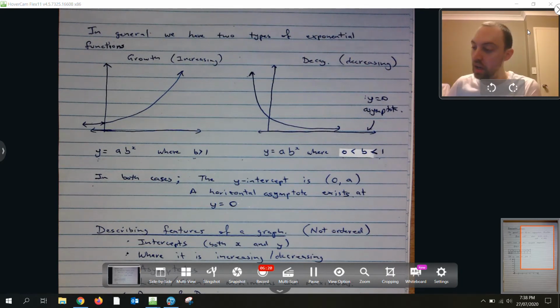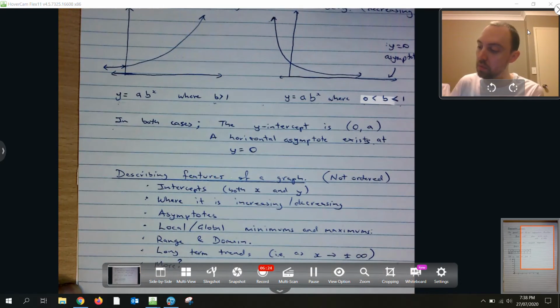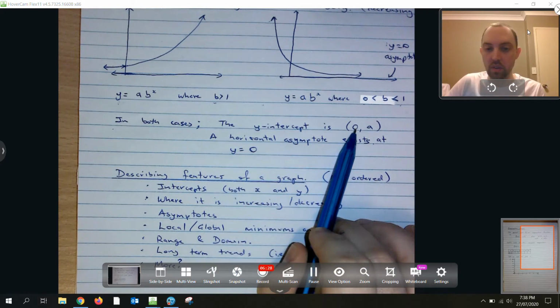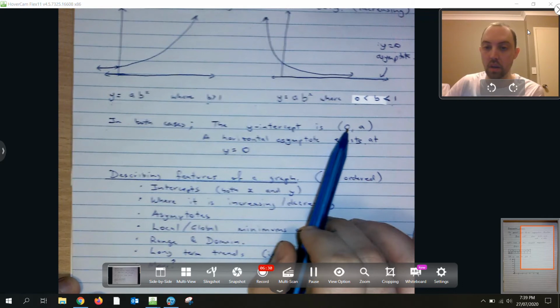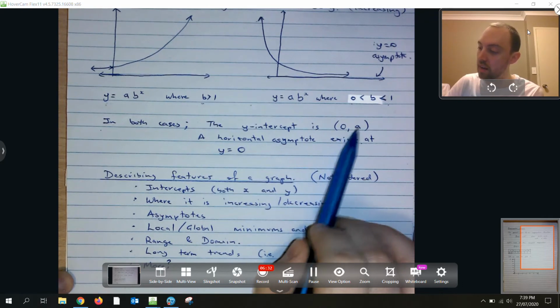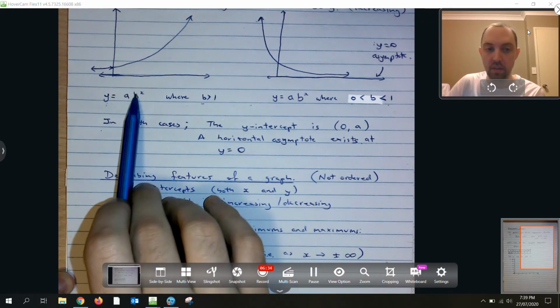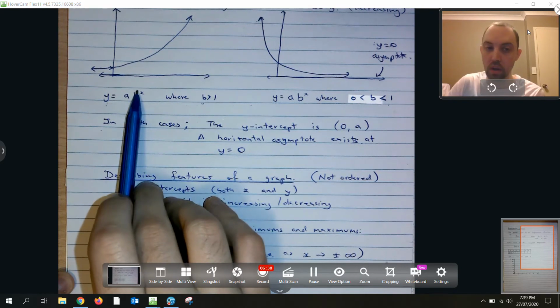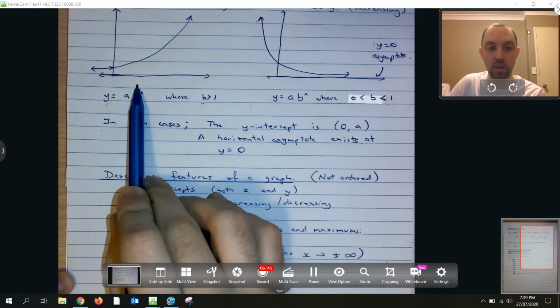So, in both cases, generally speaking, the y-intercept is at x equal to 0, meaning that when we have x equal to 0, you've got b to the power of 0. B to the power of 0 is 1, leaving us just with a.